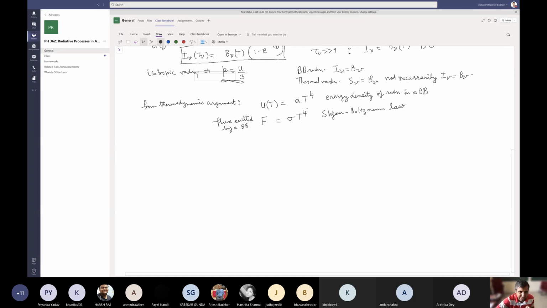These can actually be derived from thermodynamic arguments, the first law of thermodynamics, and using this relation between pressure and energy density. Now this A is called radiation constant. This sigma is of course called Stefan Boltzmann constant.